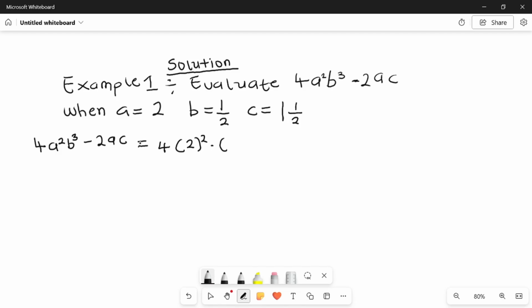See, our value for b here, we substitute 1 over 2 cubed.